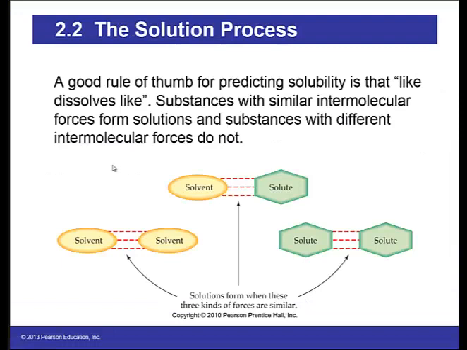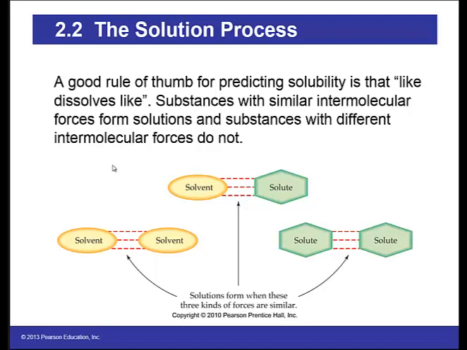So what exactly is the solution process, and how do you predict how soluble something is going to be? Typically, we have a rule for solubility that like dissolves like. If you have substances with similar intermolecular forces, these are going to form solutions. Substances with different intermolecular forces do not.